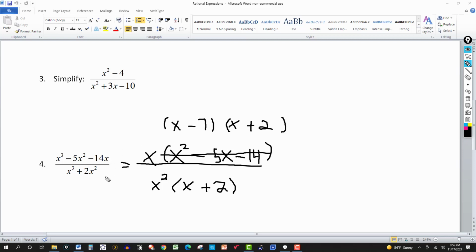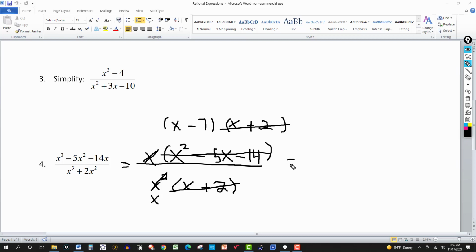So what do I have left here? What can I cancel? Well, I have x plus 2 here, and x plus 2. That's going to cancel out. And here I have one factor of x, and here in the bottom I have two factors of x, so I can cancel this out, this out, but I'm left with 1x. Okay, because x squared is two factors, and the one factor on top canceled out.